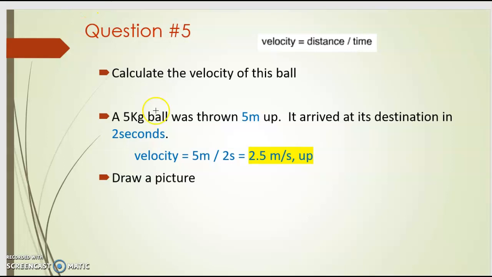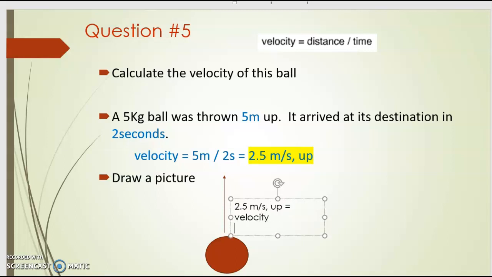Insert, Shapes, draw a ball, put it where you want it, stick in an arrow, Insert, Shapes, right? I can go back to Insert and Text Box, and I can write on there 2.5 meters per second up is the velocity, okay?